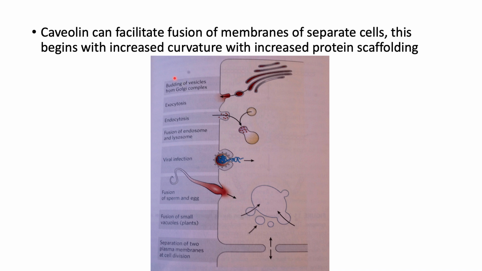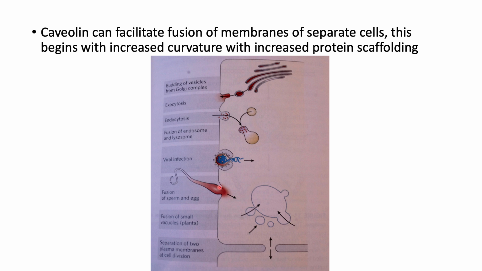So you can facilitate fusion of membranes of separate cells. This begins with increased curvature and protein scaffolding. So, for example, you can have a budding of vesicles from Golgi complexes. These are Golgi complexes. They bud off. You can have endocytosis, where material is brought into the cell. You can have viral infection, where the virus literally intercalates in this caveolin and then is brought into the cell.